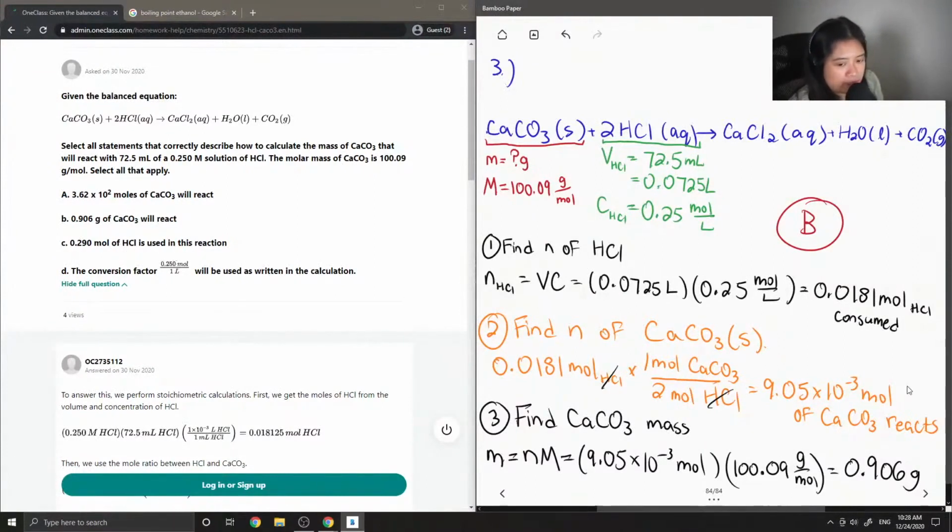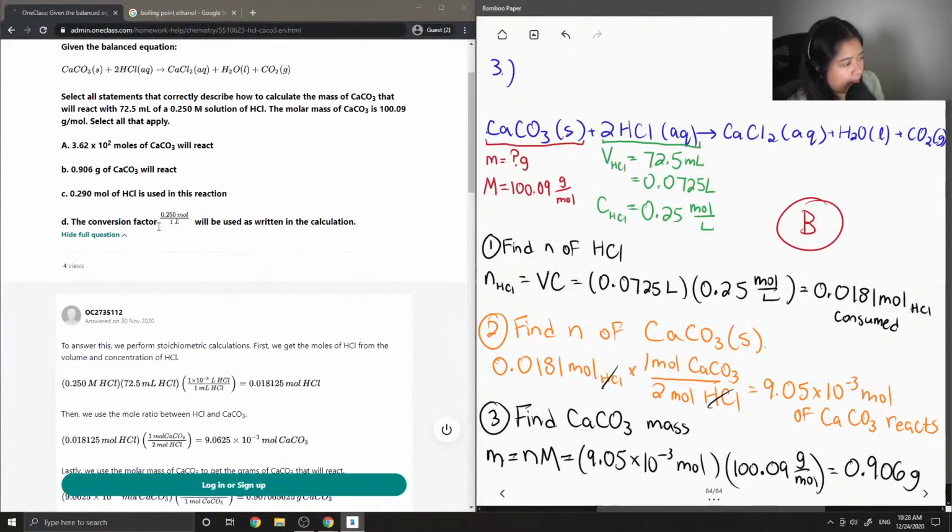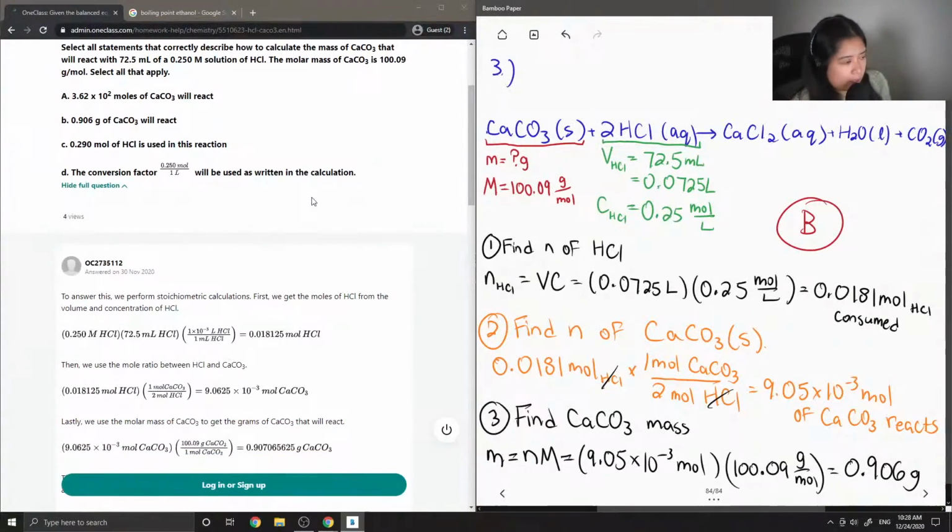That's not true because it is 0.0181. And lastly, D, the conversion factor 0.25 moles over 1 liter will be used as written in the calculation. This isn't a conversion factor, it's pretty much just telling us the concentration. The actual conversion factor, I believe, would just be the 1 mole calcium carbonate over 2 moles HCl. So that is also incorrect.